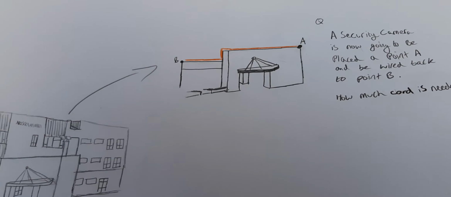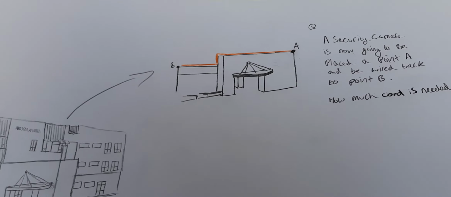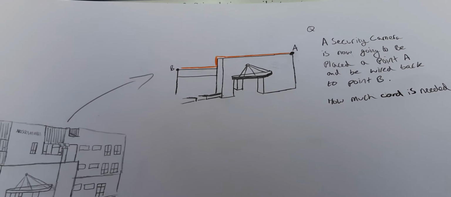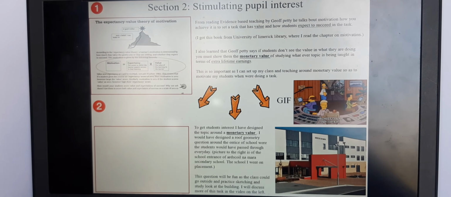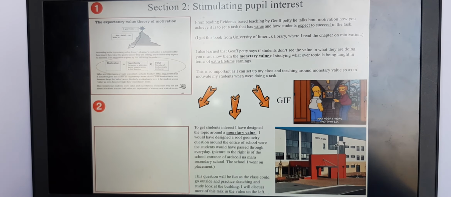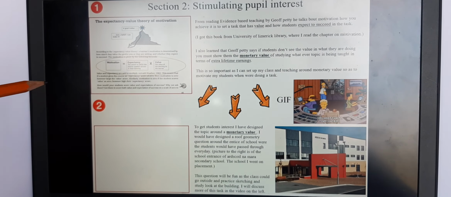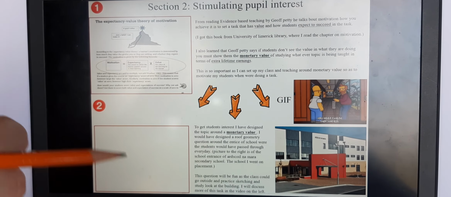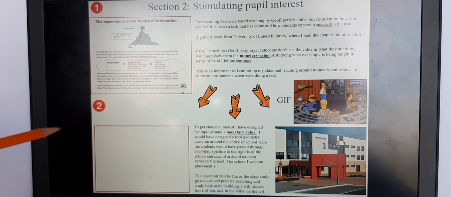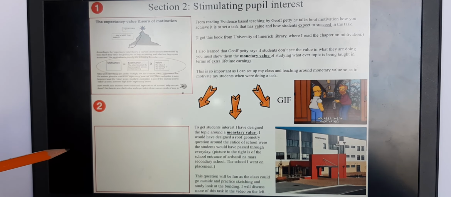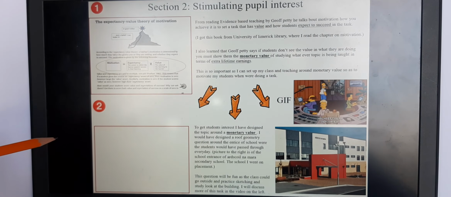The students will see the monetary value because they see why they need to do it, and it makes sense. If you're putting in a security camera, you have to run cords around a building. You want to know how much there is, and that'll be the task.